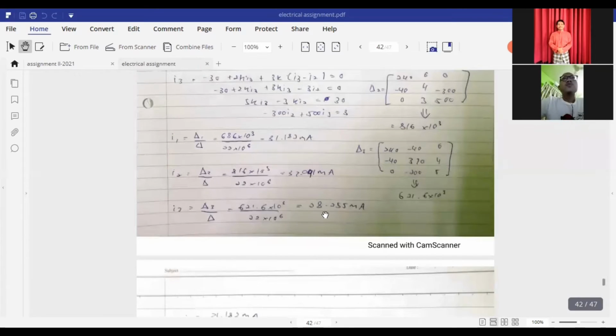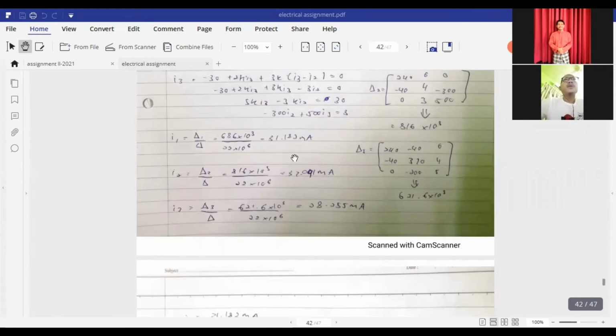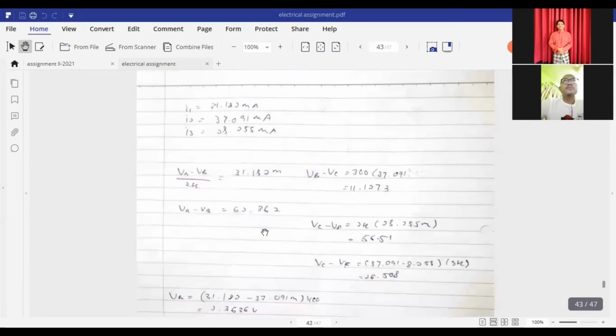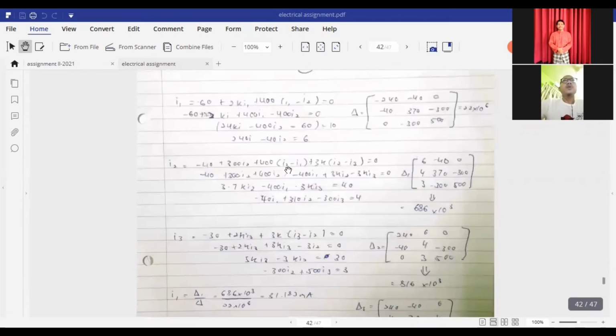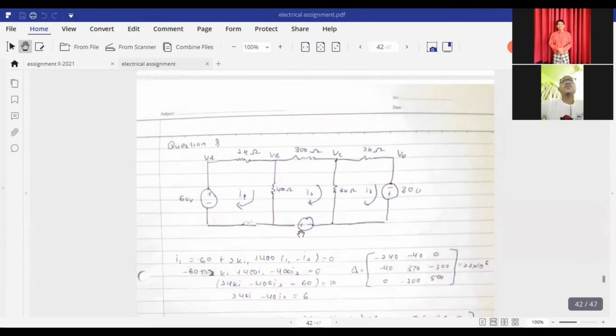For the I3 28.255 milliampere. From what we get from I1, I2, I3, we use them to get VA, VB, VC, VD, VE, VF. Oh, I forgot to put here.